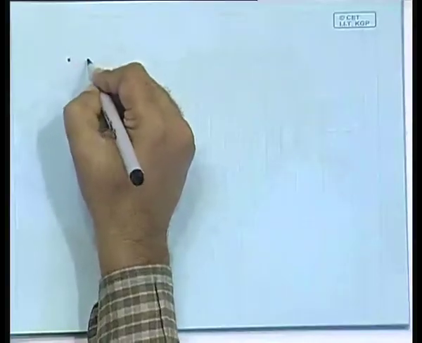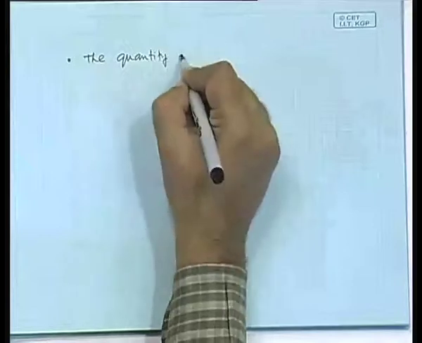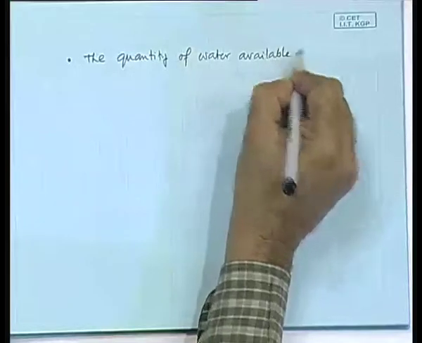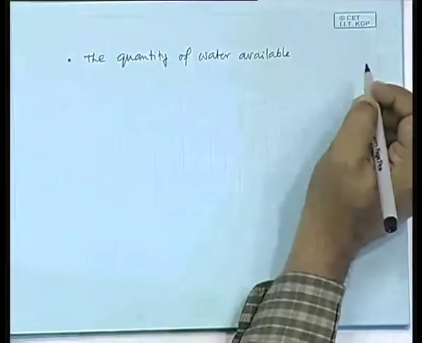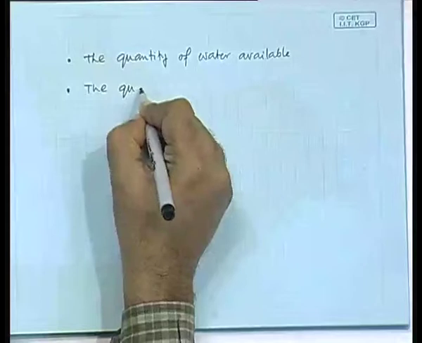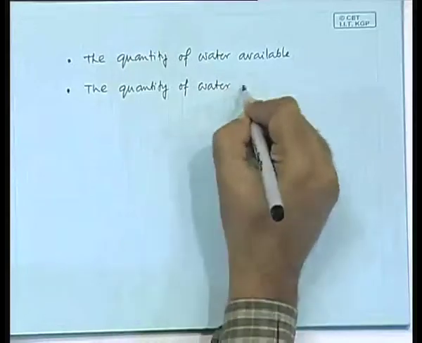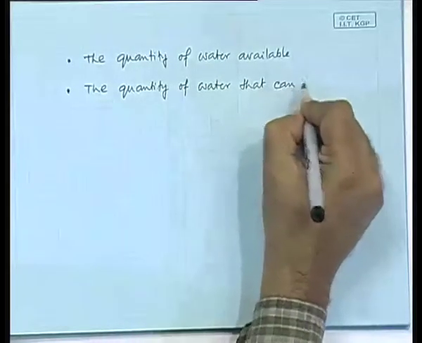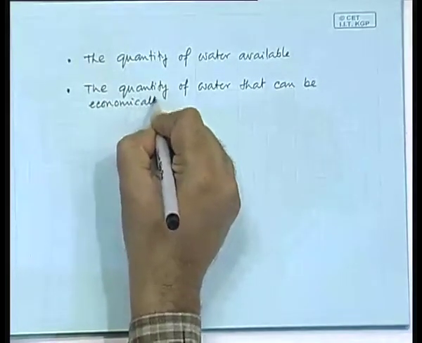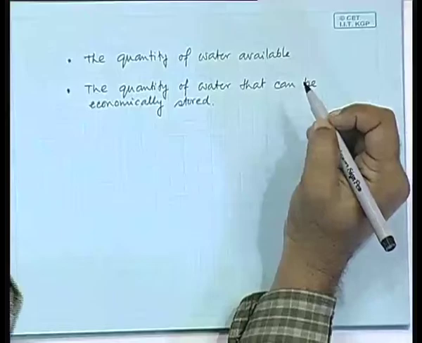One, the quantity of water available. Two, the quantity of water that can be economically stored.